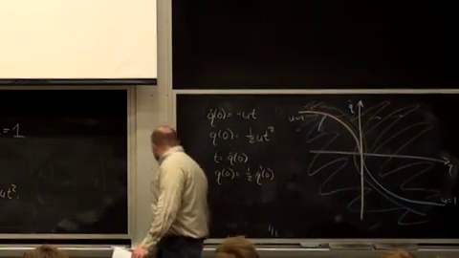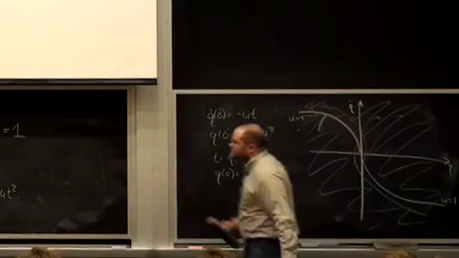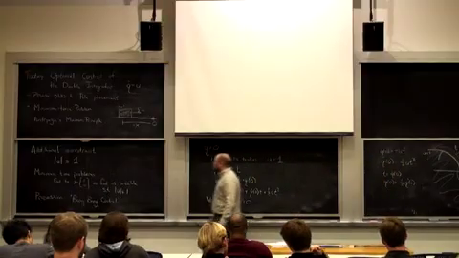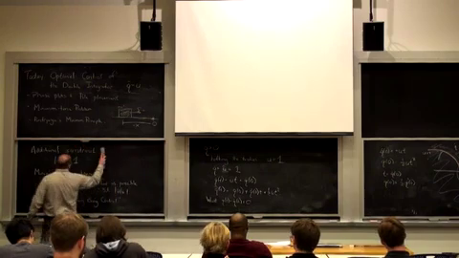So how the heck do I make an optimality argument about this? I want to introduce Pontryagin's minimum principle.